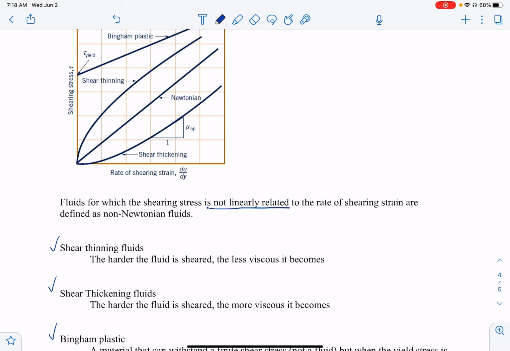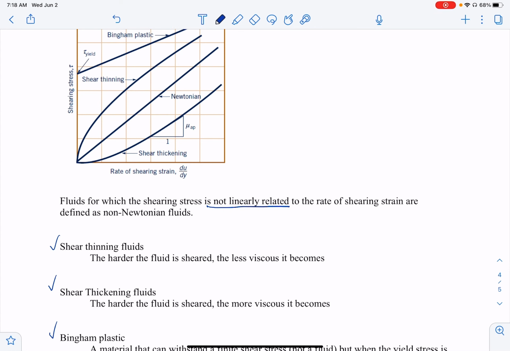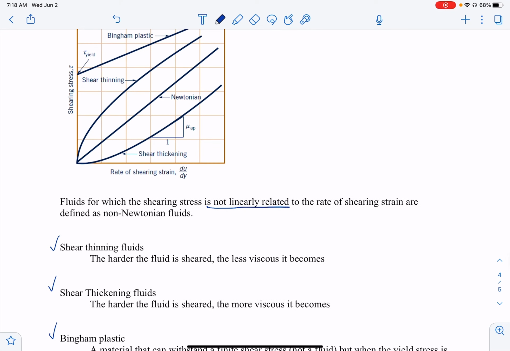If we talk about the shear thinning fluid, which is one of the non-Newtonian fluids, the viscosity appears to decrease as the shear rate increases. So it starts off thick, and then as you increase the shearing stress, it becomes thinner and thinner.